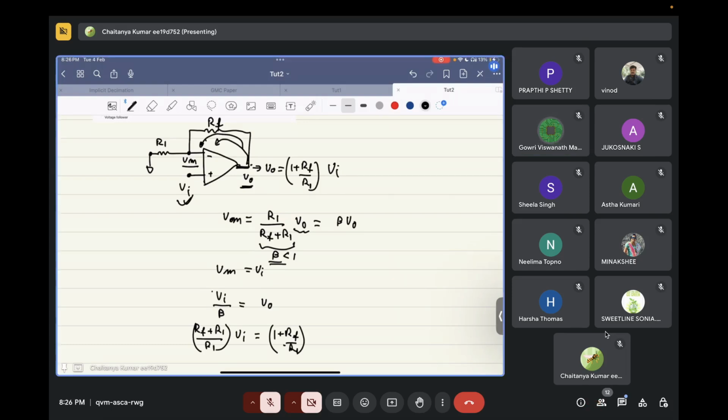So if instead of this fraction, all of my output voltage was fed back to the input, how will that circuit look like? If beta is equal to 1, what will happen to R1 or RF?